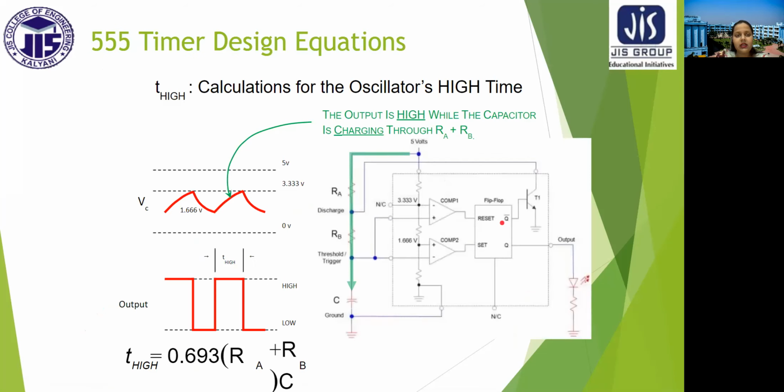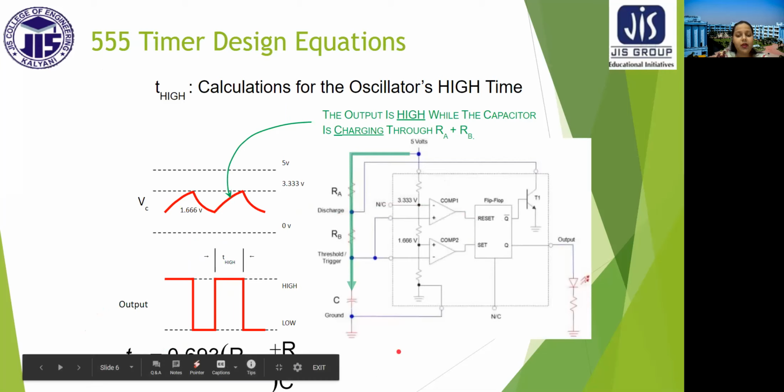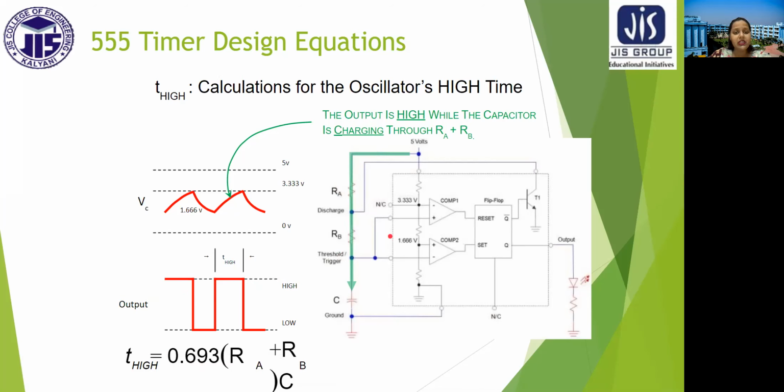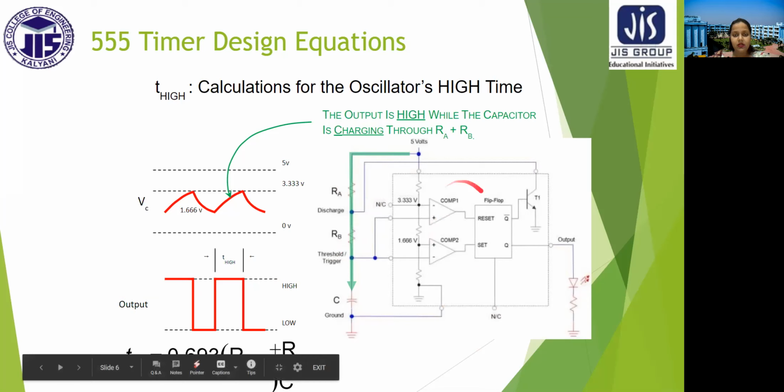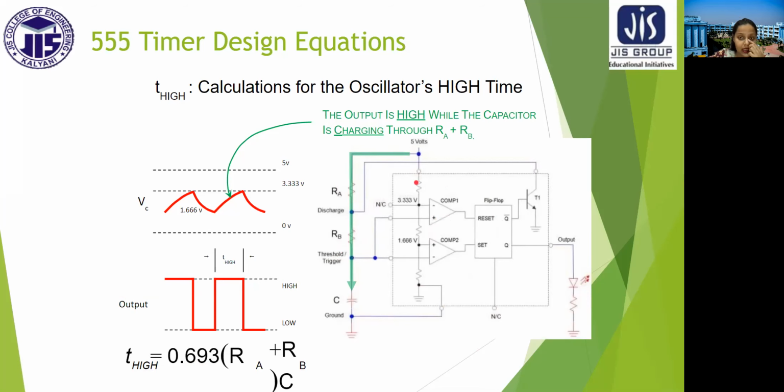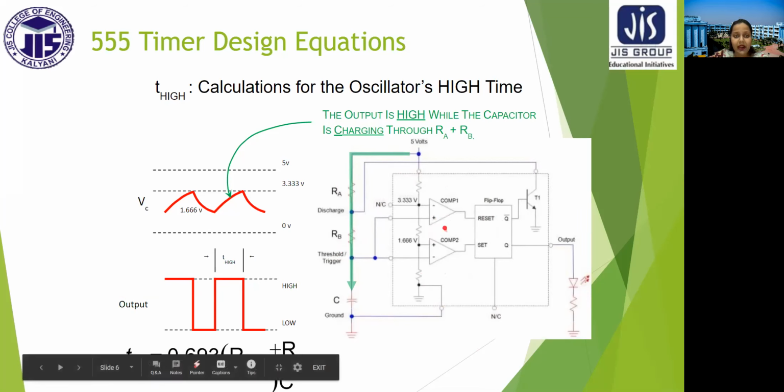Yes, this is the diagram. The total high time, that is the charging time of the capacitor, will be 0.693 into (RA plus RB) into C. You don't need to draw this diagram again. This is the same diagram.